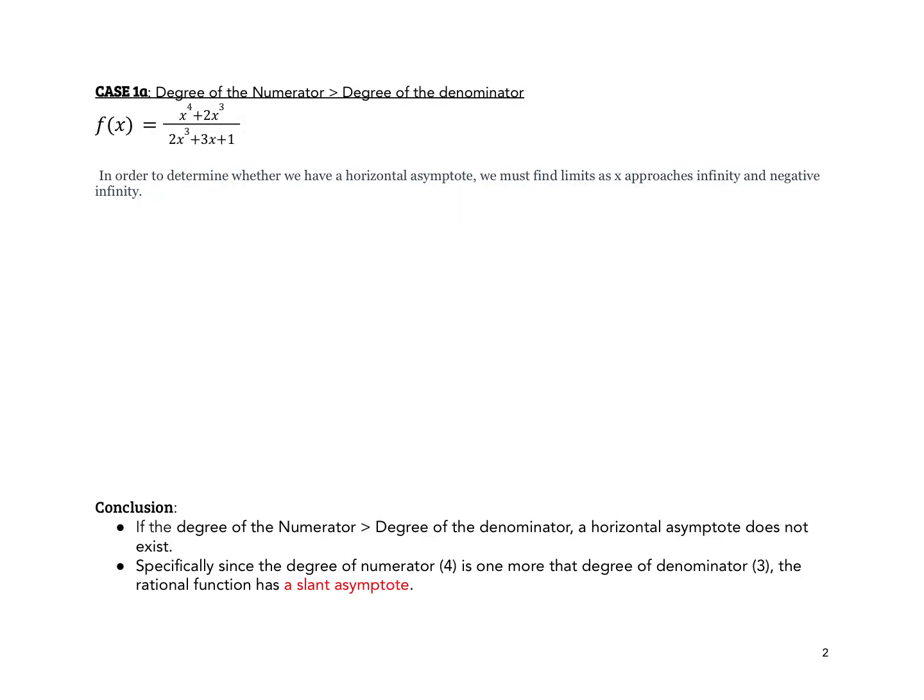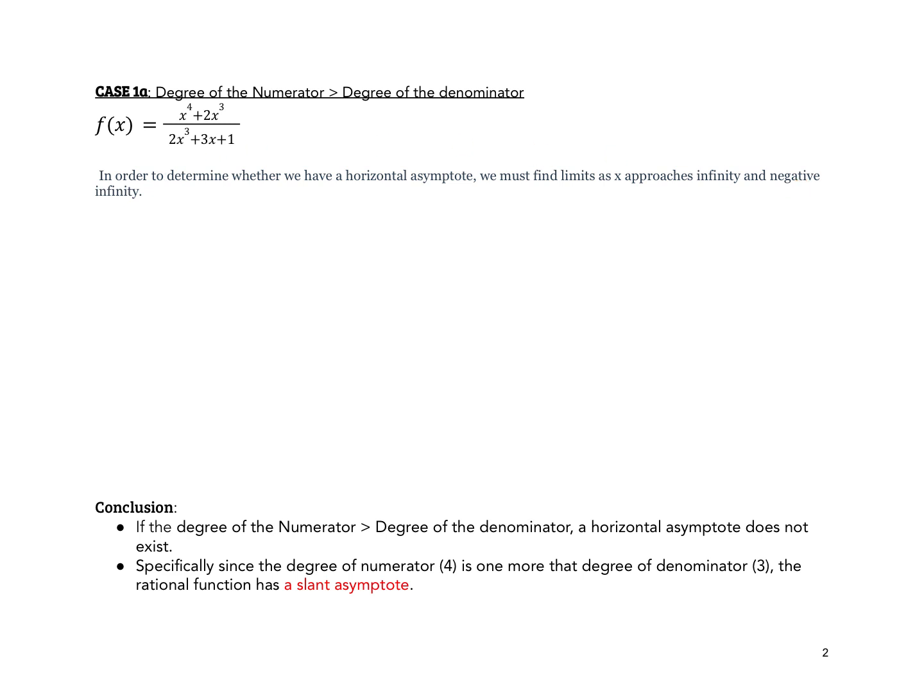So here we are going to consider two cases. Case 1a, that's when the degree of the numerator is greater than the degree of the denominator. For example, in this case, you see the numerator has a degree of 4, the denominator has a degree of 3. In order to determine whether we have a horizontal asymptote, we must find limits as x approaches infinity, that's negative and positive.